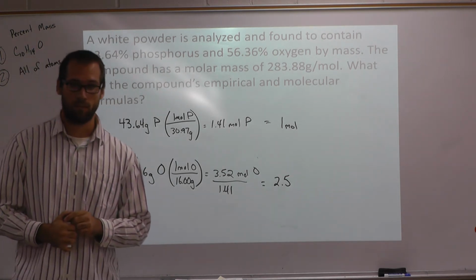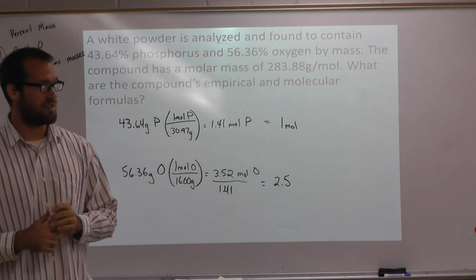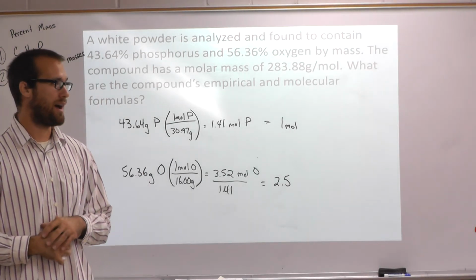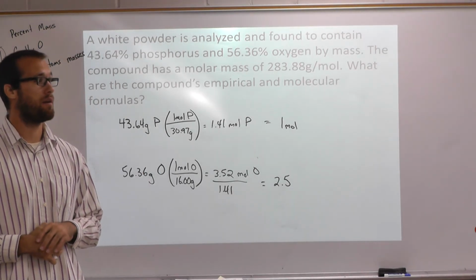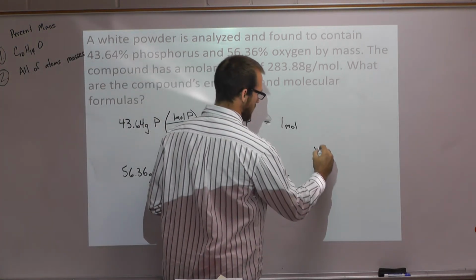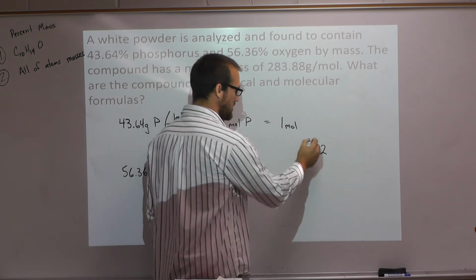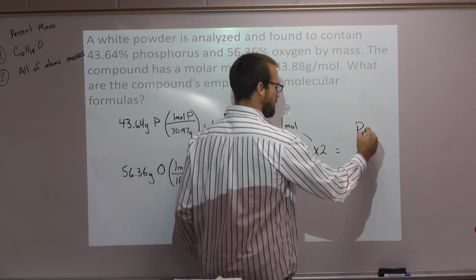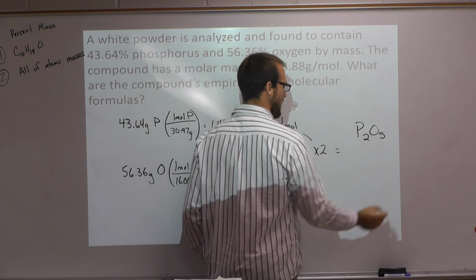So what do we do if it doesn't give us a nice whole number when we do this? Anyone remember? Multiply by a multiple that will give me a whole number. But you have to do it to both, right? You can't just do it to one. So I know my empirical formula is P2O5.